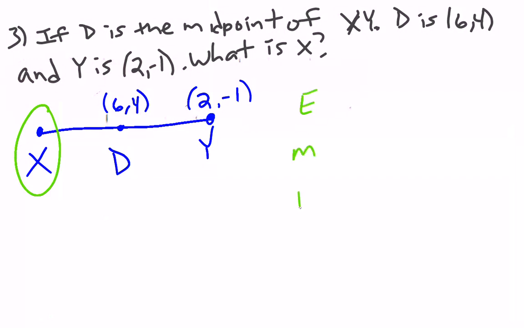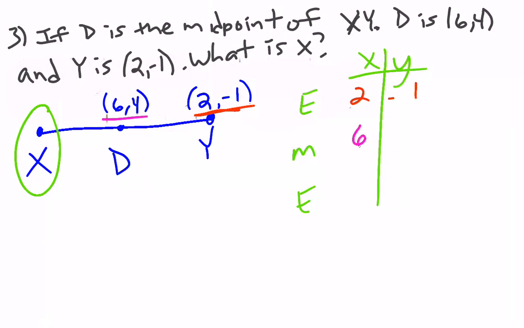E, M, E. The endpoint they gave me is the Y, so 2, negative 1, and I can see that from my picture. The midpoint is 6, 4. How do you go from 2 to 6?